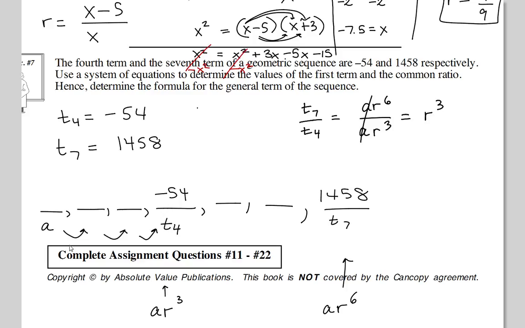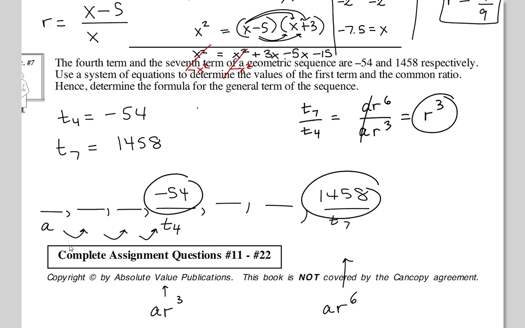Whoever said a few, I guess you're technically correct, because a couple would be 2. Okay, so it's R cubed. Does that make sense? How many jumps from T4 to T7? To get from here to here, you would have to multiply by R 3 times.